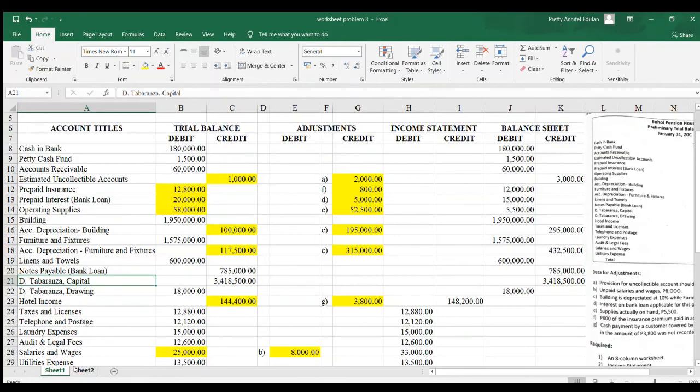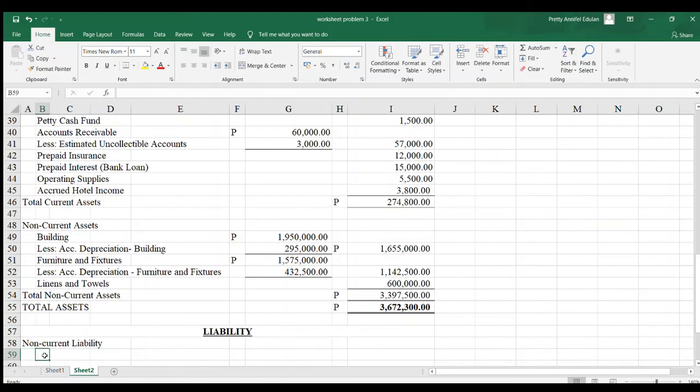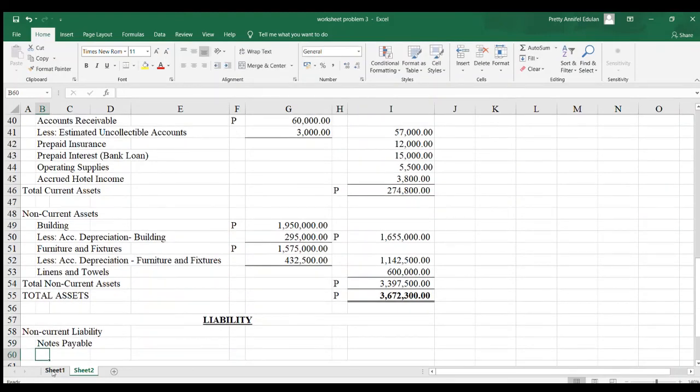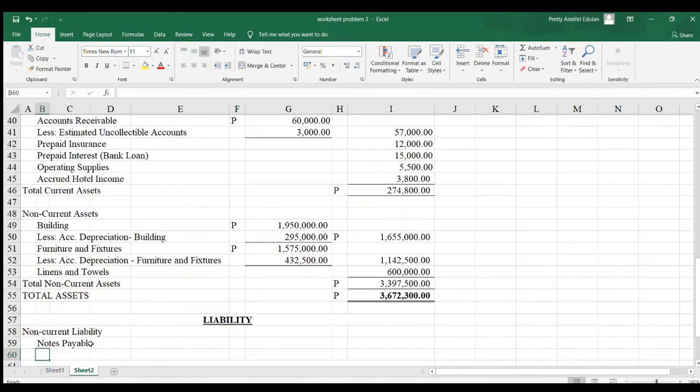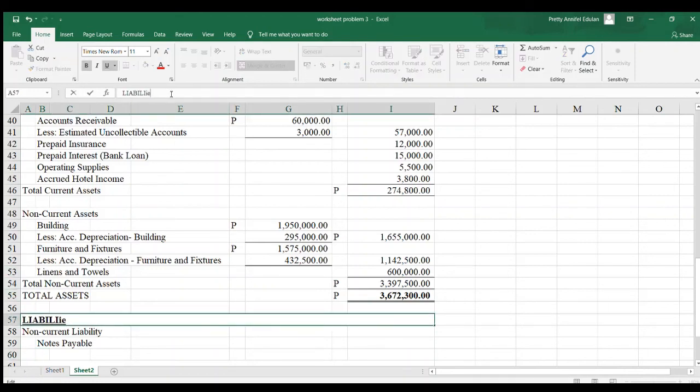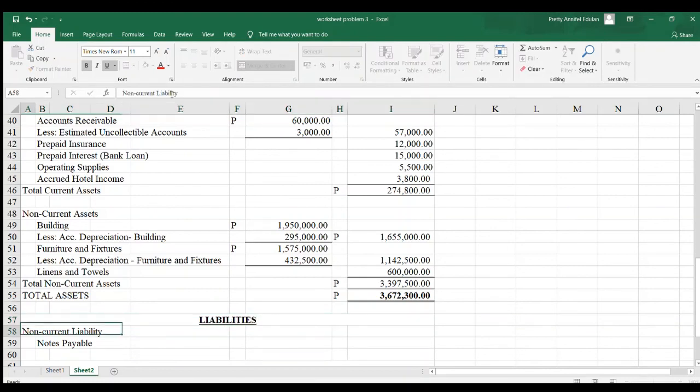So I mean not interest, notes payable. But I do believe that we have another liability, found below. This accrued here is a liability, if I'm not mistaken. So this is liabilities.